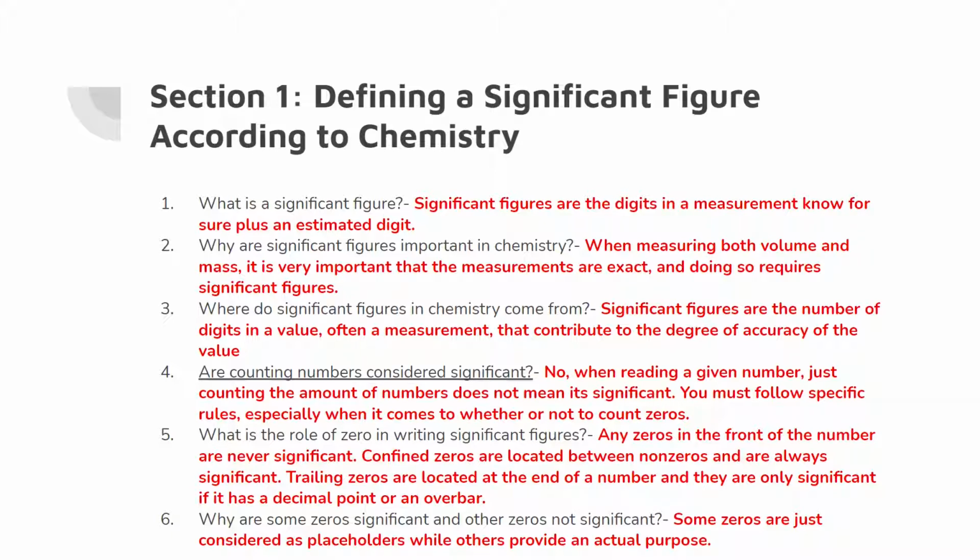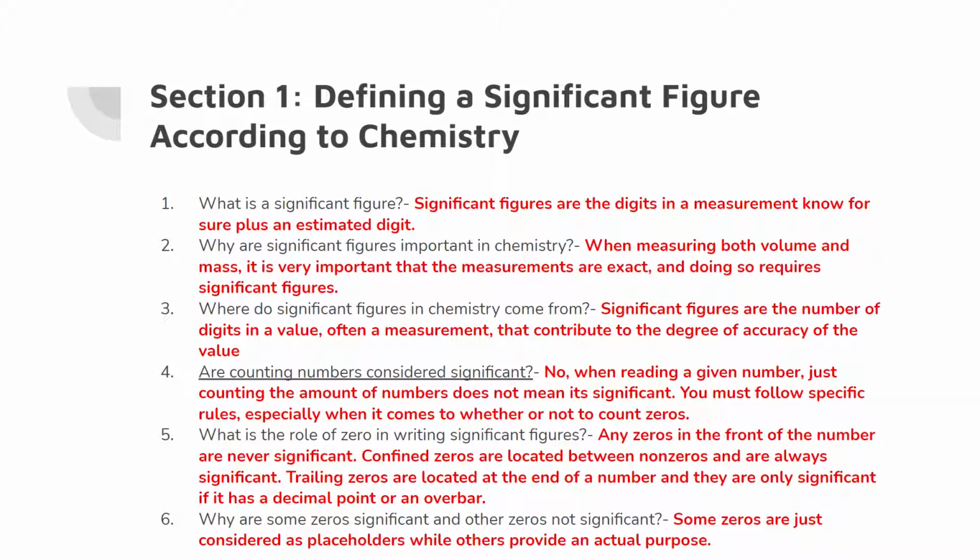When determining the amount of significant figures from a given number, just counting the amount of numbers does not mean it's significant. You must follow specific rules, especially when it comes to whether or not zeros count. The role of these zeros in the number varies depending on where the zero is located in the number. For instance, any zeros in the front of the number are never significant.